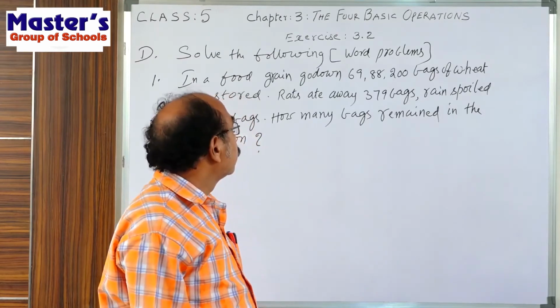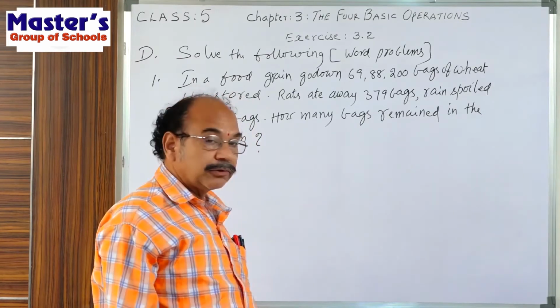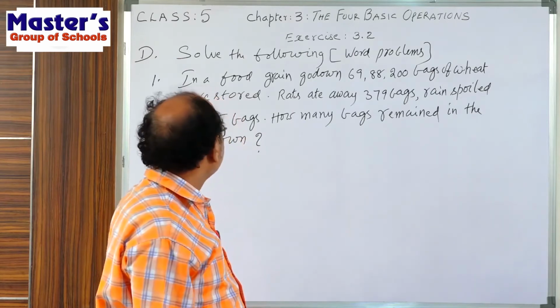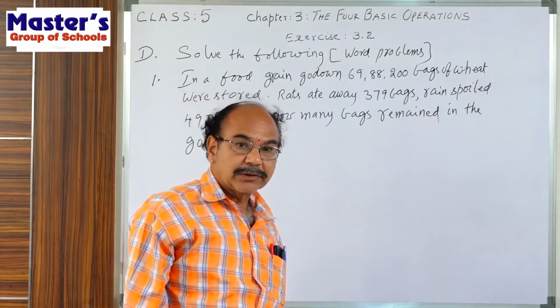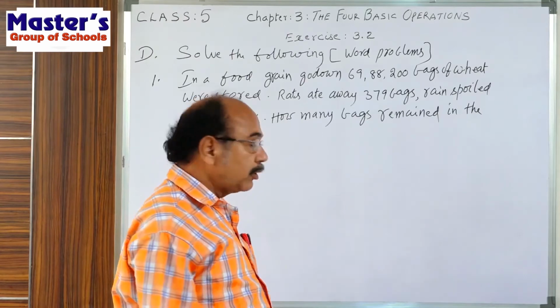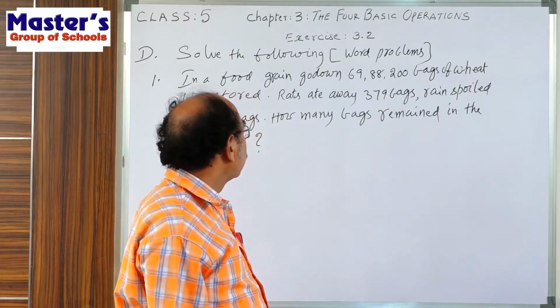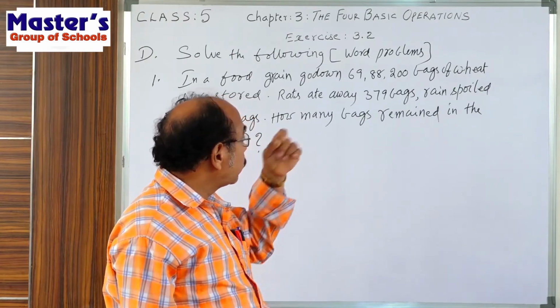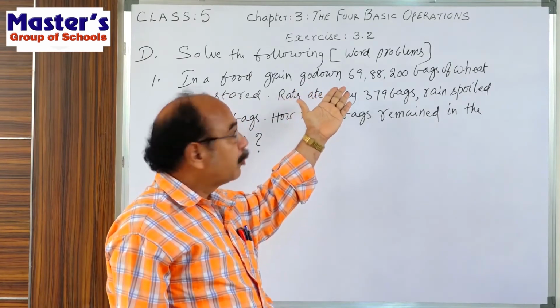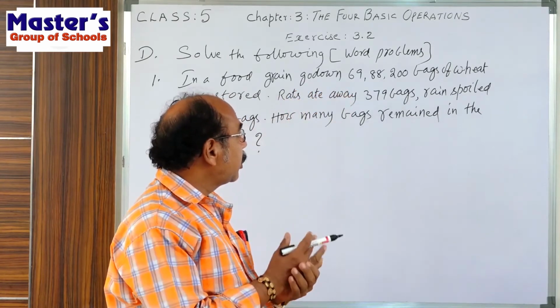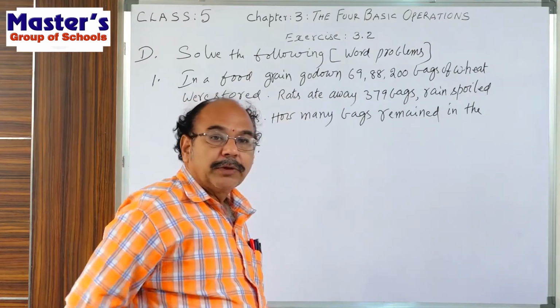See, 69,88,200 bags of wheat are stored. That many bags are stored in the godown. Okay. Very in the beginning, in the godown, how many bags are there? 69,88,200 bags are there.